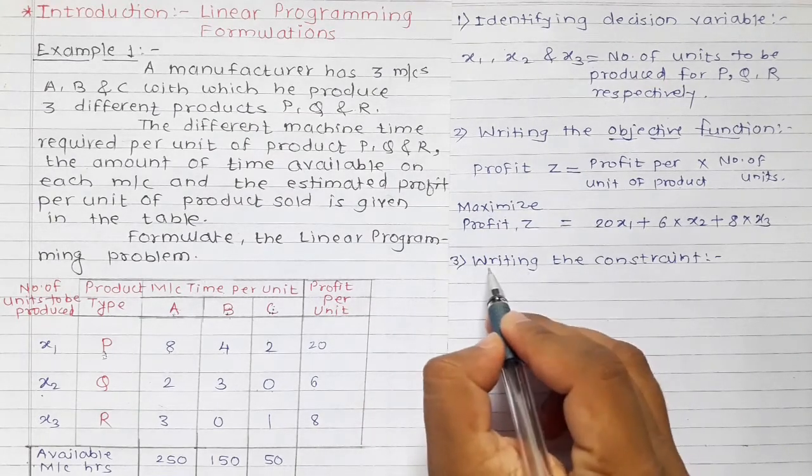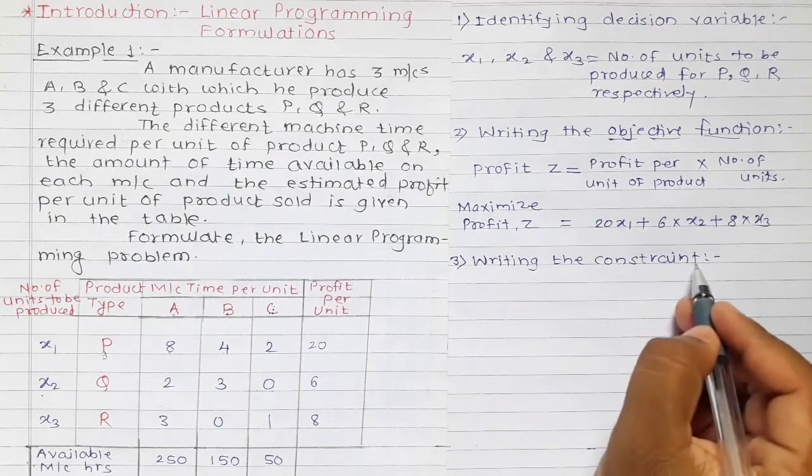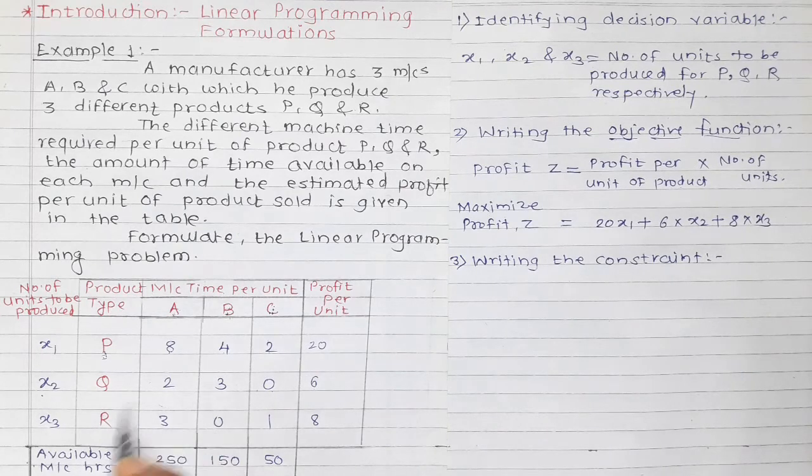Now the third step is writing the constraints, and we know that the constraint in this case study is about the available machine time.